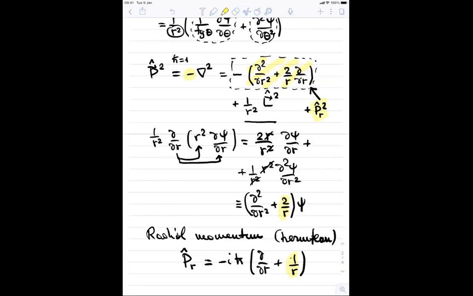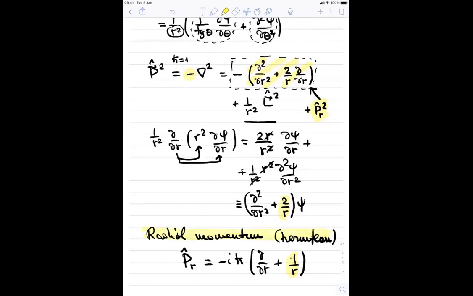So this is not P over r. When I have the 2 over r, I'm not talking about the momentum, I am talking about the square of the momentum, okay? But never mind, if this story about the radial momentum confuses you, just take it away.